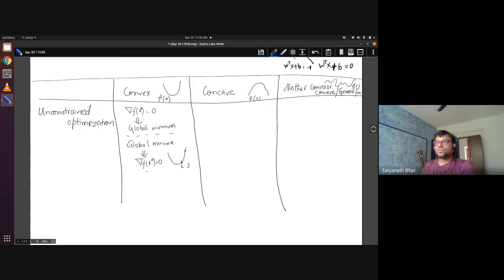Under constraints this need not be true, so this is not always true. Provided I have some constraint, it's not completely unconstrained, then we can have these kinds of problems.